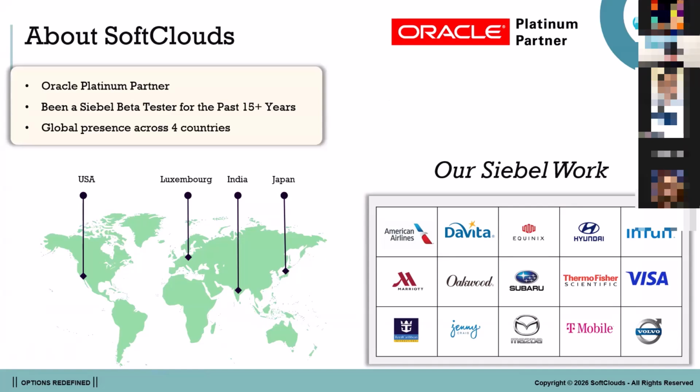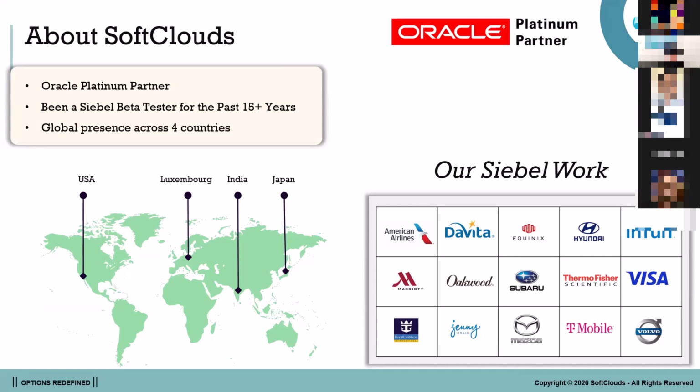Thanks, Uday. Good morning, everyone. I just want to talk about softclouds. Basically, it's a global IT consulting company. We have more than 20 plus years. We are specializing in enterprise application and digital transformation and AI-driven solutions. We are an Oracle Platinum partner. We have been a trusted Siebel beta tester for 15 plus years. We closely work with Oracle product teams for any new features, anything for the POC perspective.